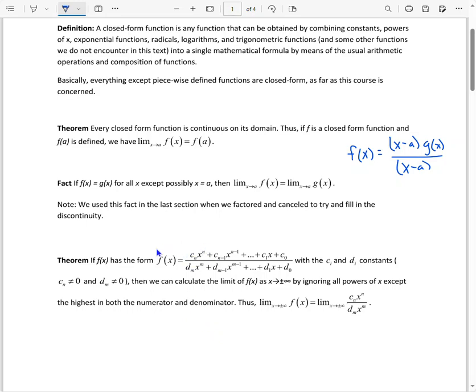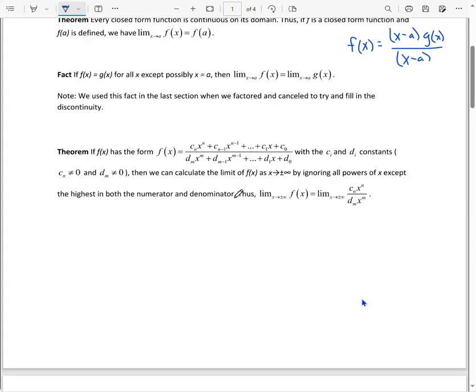So basically, looking at this big old function, all we focus on is the leading terms. And the leading terms are always going to be the highest power of the numerator and the highest power of the denominator. All right.